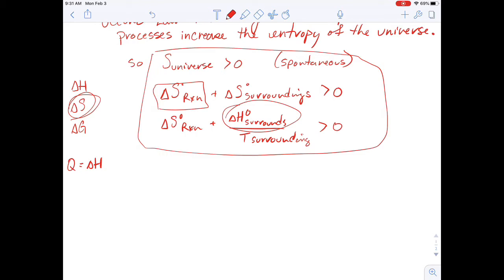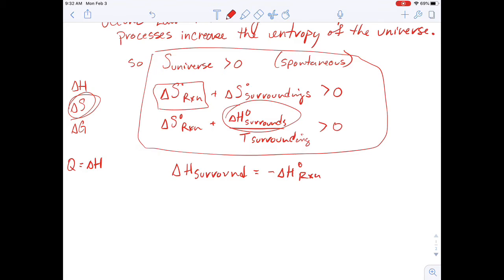So the change in enthalpy of the surroundings is going to be equal to the negative change in enthalpy of the reaction, right? Because if the reaction is exothermic, it's going to increase the energy of the calorimeter or the surroundings. And so the negative enthalpy of the reaction is the same amount of change as the surroundings.